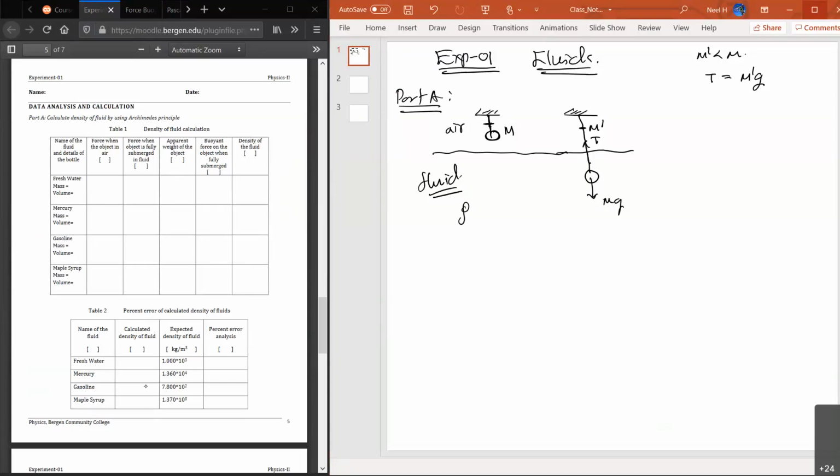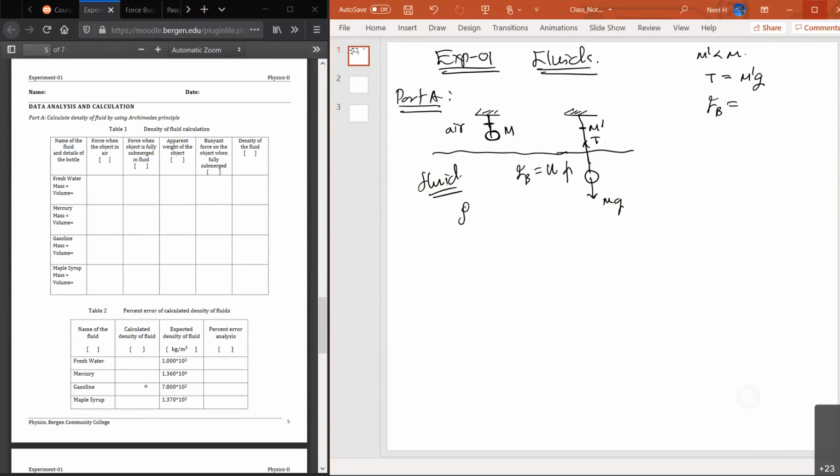The explanation he found: when you submerge the object, a certain amount of fluid will be displaced due to this submerging. Because of that, he figured out there is another force acting in the upward direction, what we call the buoyant force, FB or U, depending on how you want to write it.